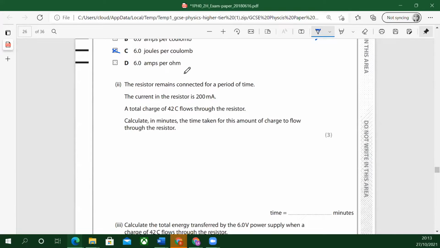This equation is Q equals I times T. Q is charge in coulombs, I is current in amps, and T is time in seconds.